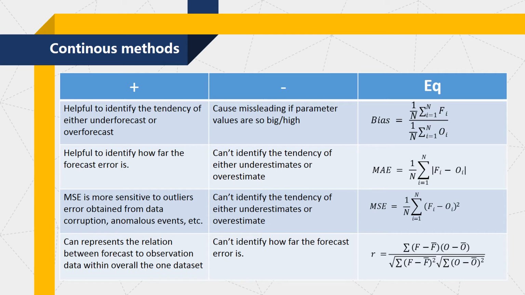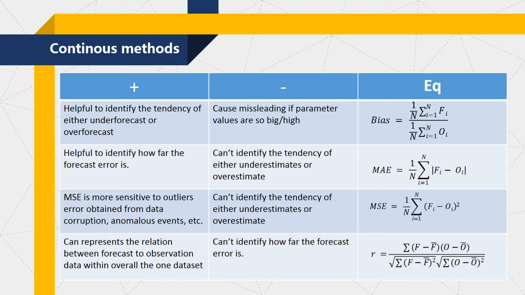And for mean absolute error, the advantage is that it helps identify how far the forecast error is, and the disadvantage if we use this parameter is that it cannot identify the tendency of either underestimate or overestimate.